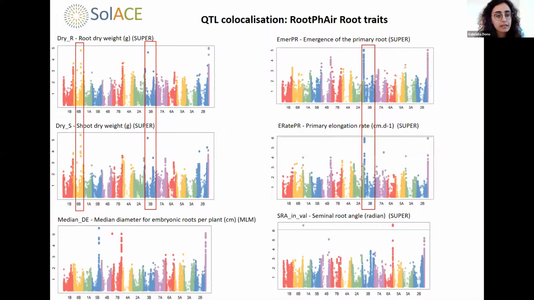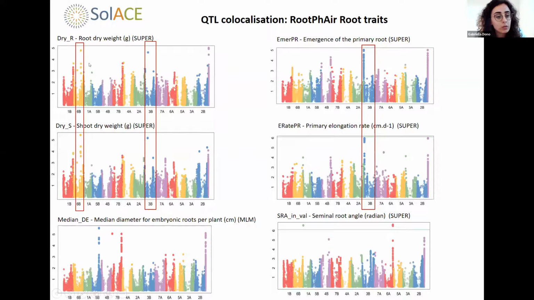In the next slide, I reported the Manhattan plots I've obtained from these 6 variables, in which we tried to make some QTL colocalization between the 6 variables that gave us good results.